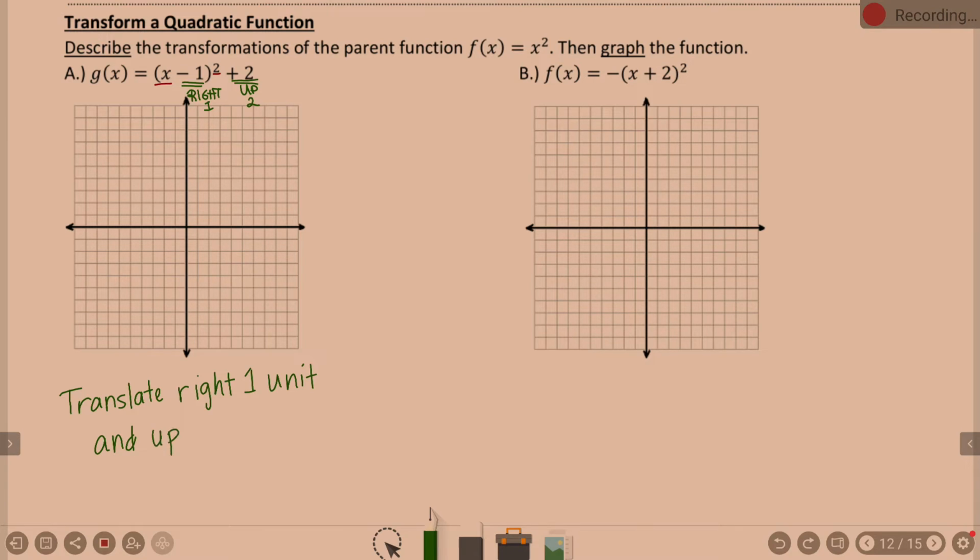Up 2 units. Good vocabulary, guys. Translate, right 1 unit, and up 2 units. I didn't even go too fancy there. Could have gone a lot fancier.